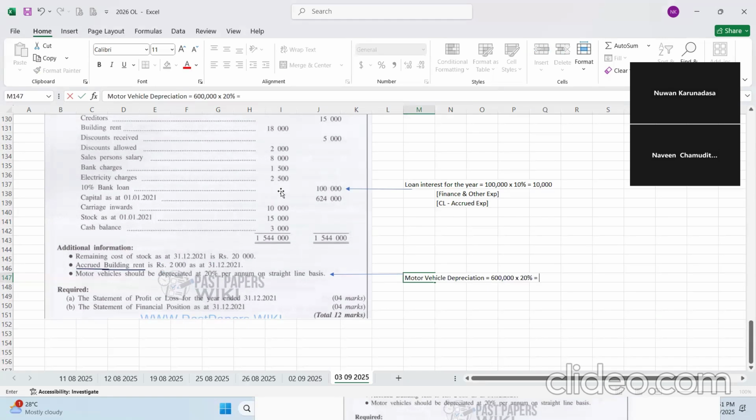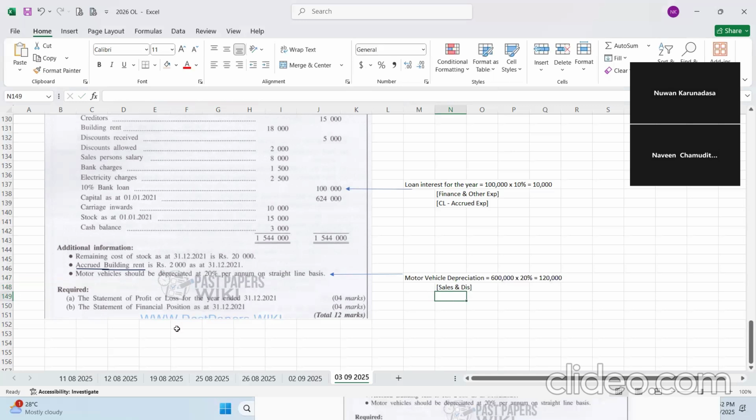So 600 into 20% is 120,000. This depreciation is a sales and distribution expense. Motor vehicle depreciation.